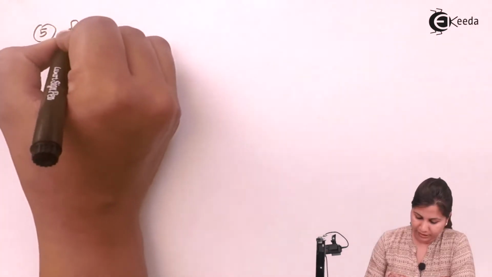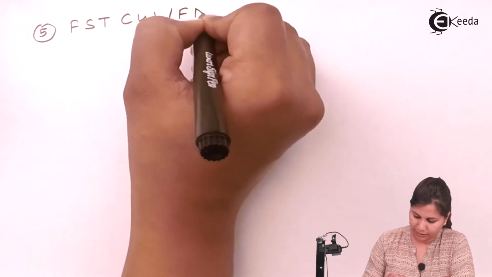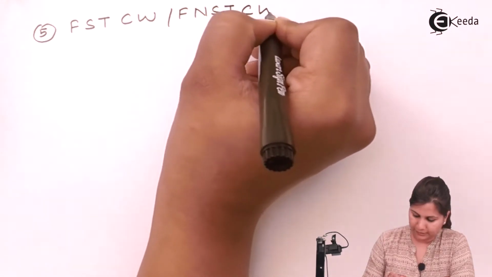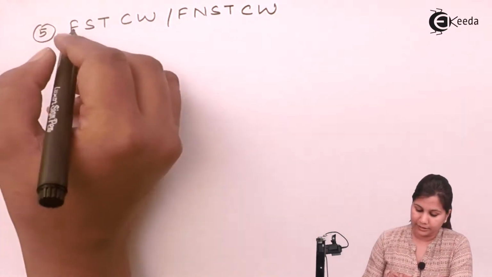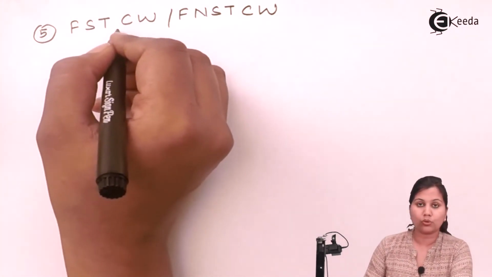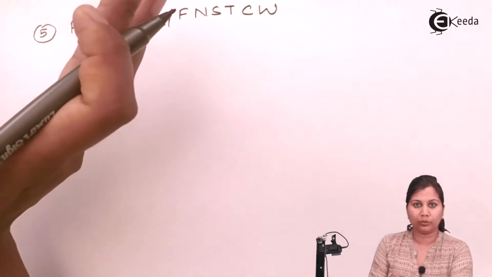Then we have FSTCW or FNSTCW. This instruction is going to copy the 8087 control word to a memory location.